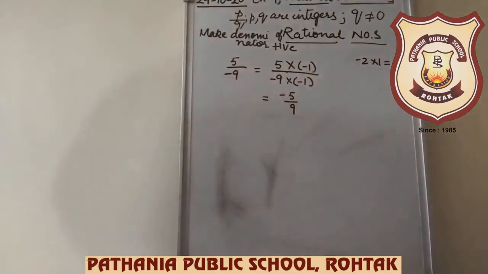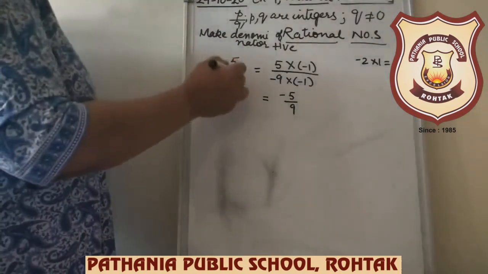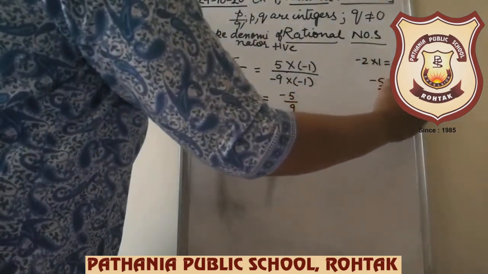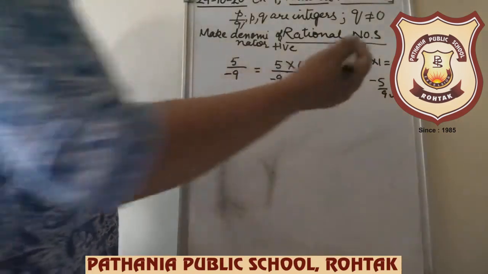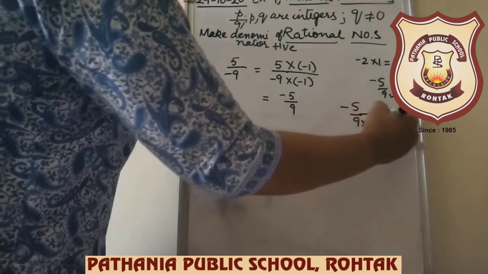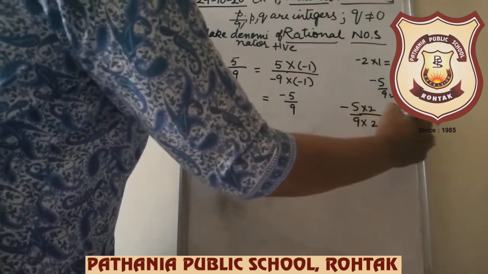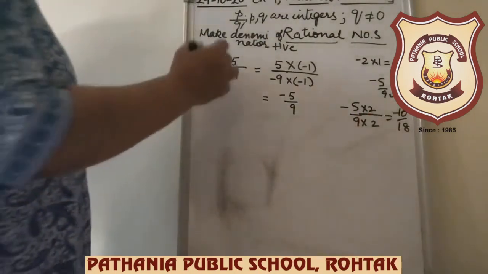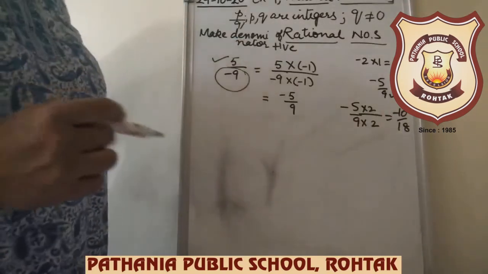In this manner you are going to make the negative denominator positive. Otherwise, if it is minus 5 upon 9, the denominator is already positive, so there is no need to do anything. For writing equivalent, you can write by multiplying with 2. So it will become minus 10 upon 18. Okay. So this is just to make the denominator positive.